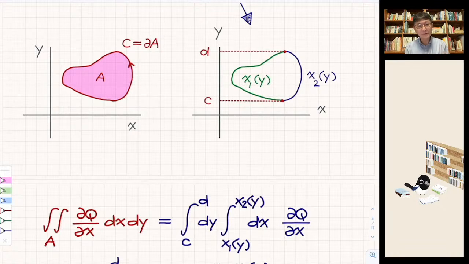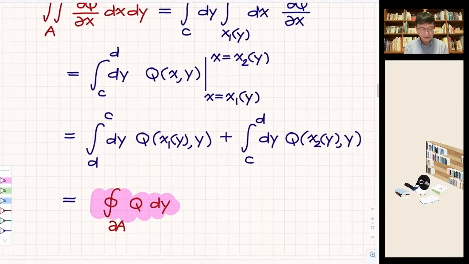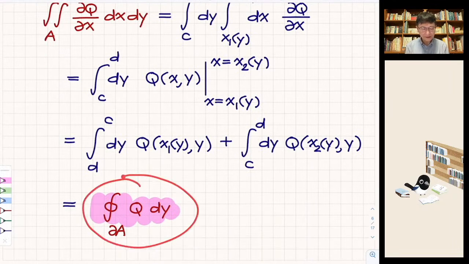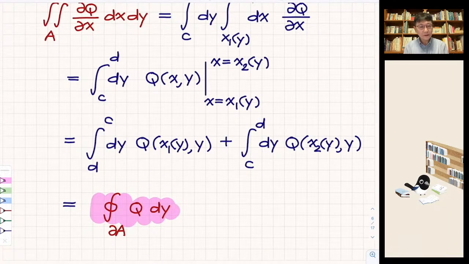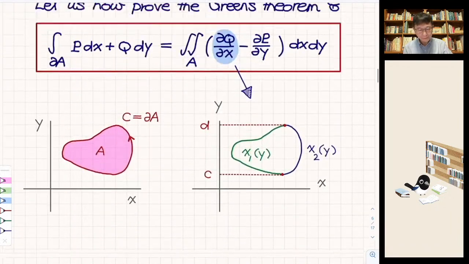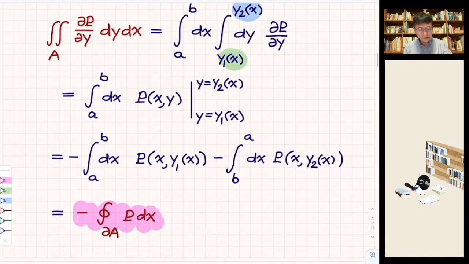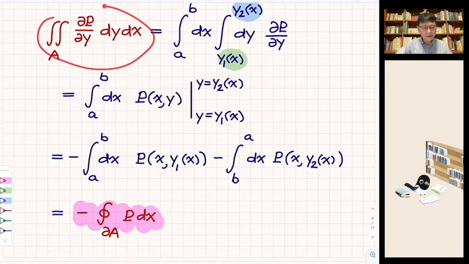And that is what we want, right? So then you got this term here. And so let's review a little bit. From the previous one, we proved the partial derivative of P after double integrations can be reduced into this circulation integral with a minus sign.